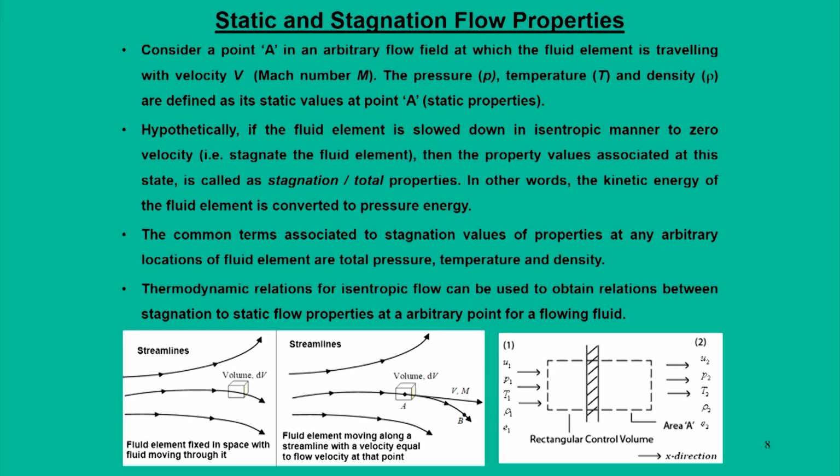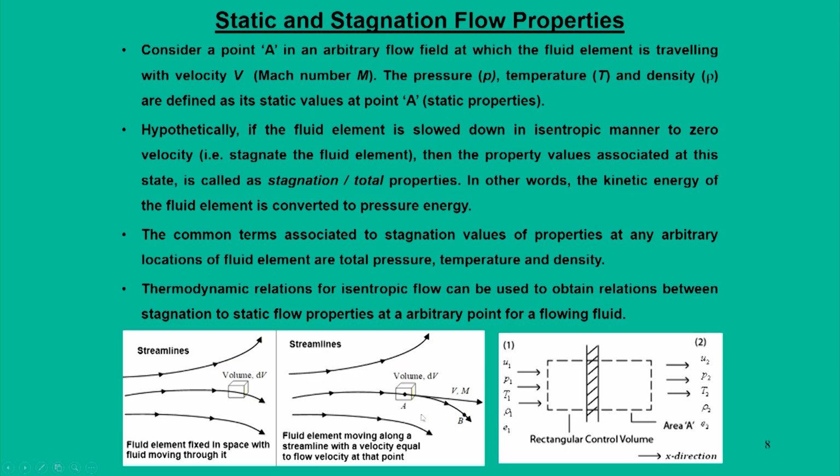Moving further, talking in terms of compressibility, we now introduce isentropic flow. If you look at this figure, any given flow field can be described in terms of streamlines. The tangent at any point on a streamline gives the direction of the velocity. During the motion of a fluid element along a streamline, its property values change: its velocity changes, its Mach number changes.